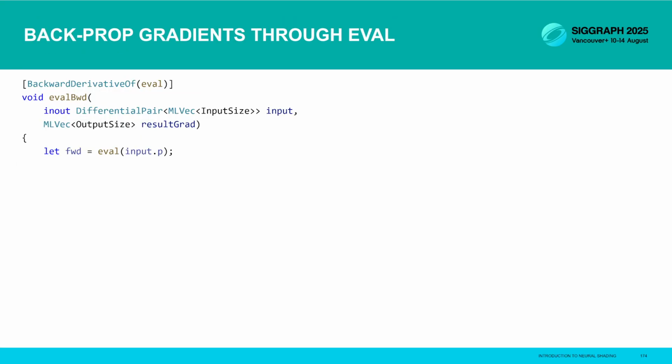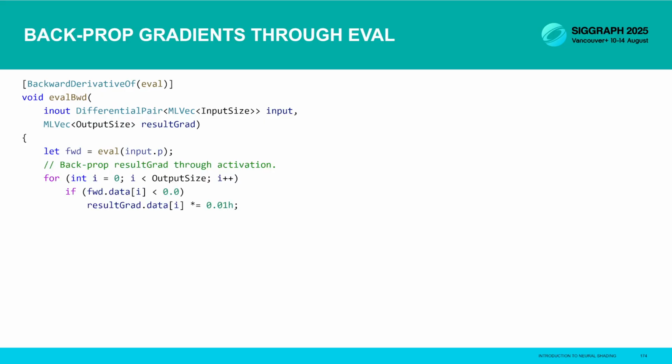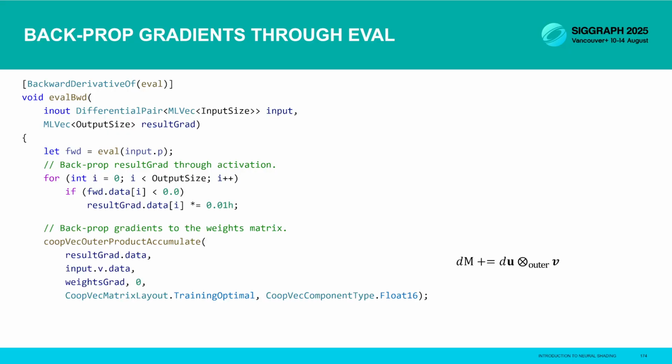Here is how it looks in code. First, we will backprop the result grad through the activation function. Then we call the CoopVec outer product accumulate to backprop the gradients into weights.